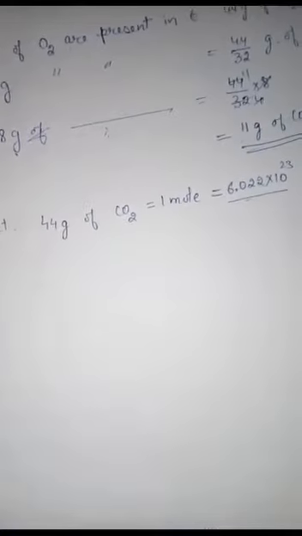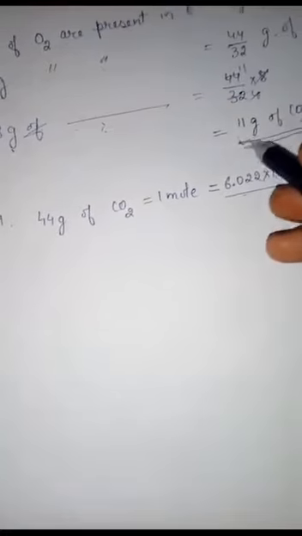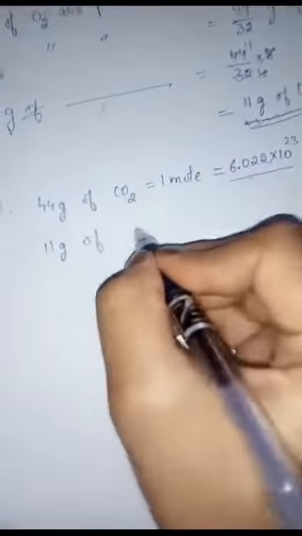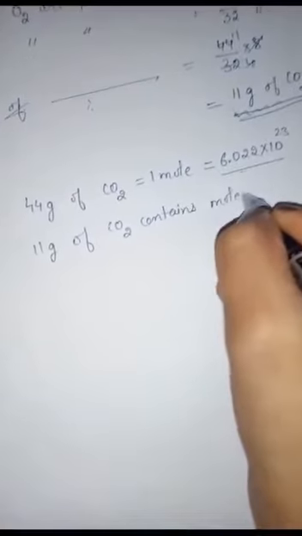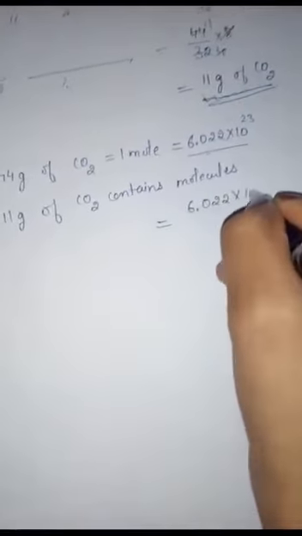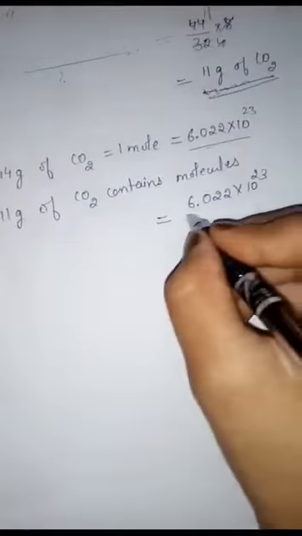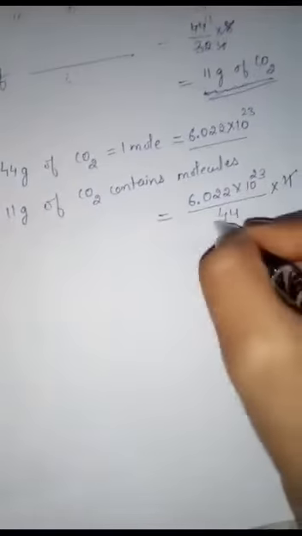But we have to calculate the number of molecules of carbon dioxide in 11 gram. So 11 gram of carbon dioxide contains molecules equal to 6.022 into 10 raised to power 23 divided by 44 multiplied by 11.